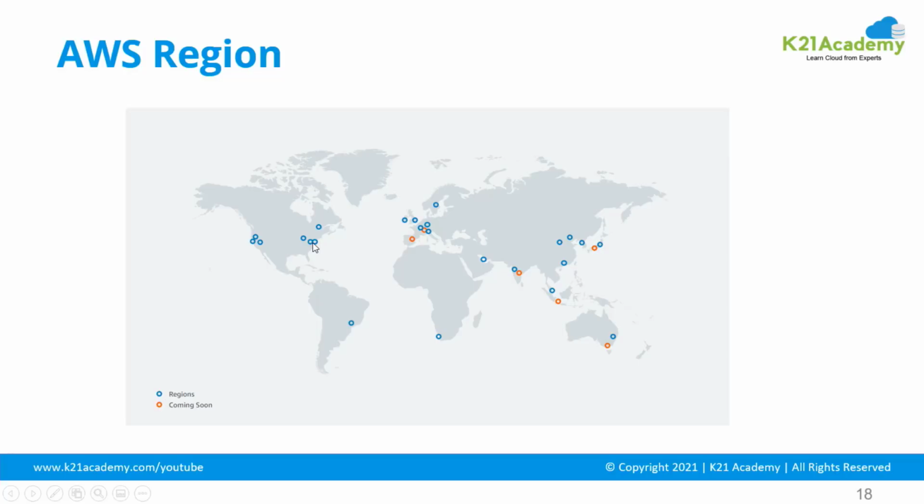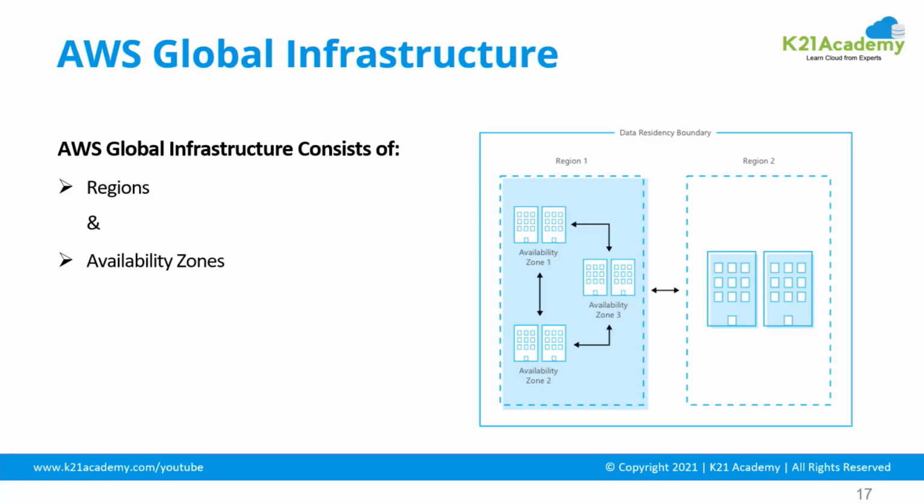So AWS consists of multiple regions, and within a region you have availability zones. Availability zones are two or more, usually three, but some regions may have two as well. They are data centers interconnected by a low-latency, high-bandwidth network, and these availability zones provide high availability within a region.